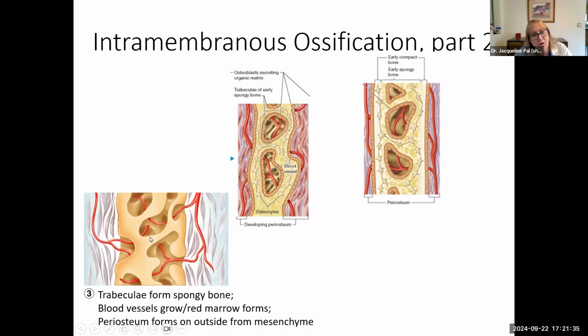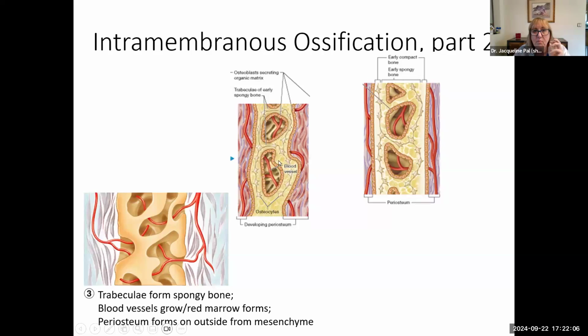The blood vessels are going to enter where the spongy bone is because some of them got a message saying, hey, you're becoming blood vessels. Other cells out here got the message, hey, you're becoming fibroblasts and you're creating a bunch of fibers on the edge, and you are going to become periosteum on both sides of this piece of bone.